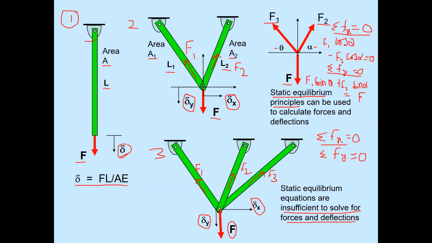But the problem is we have three unknowns: F1, the first unknown, the second unknown is F2, and the third unknown is F3. So by having two equations of equilibrium, we have three unknowns. So we can't analyze this structure by just static equilibrium equations.